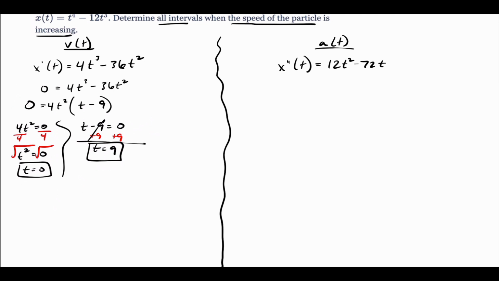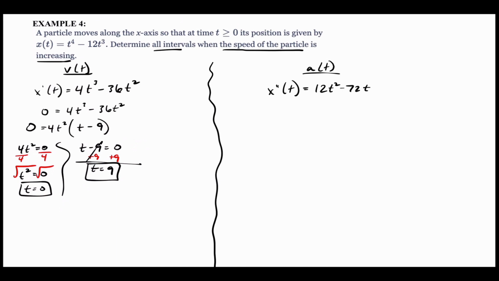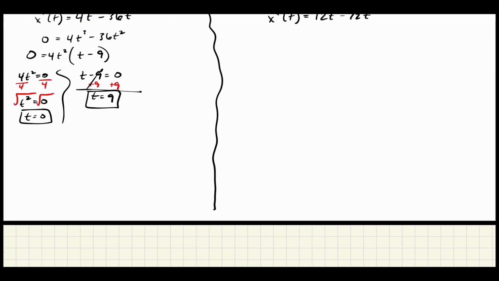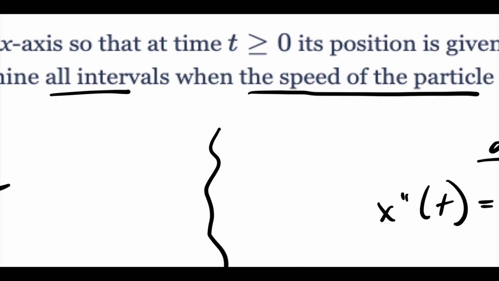Am I going to use both of the answers? Can I use both answers or can I throw one away? So 0 actually is in the interval because t is greater than or equal to 0. But is there going to be anything less than 0? So I don't have to check anything less than 0, but I can use 0.